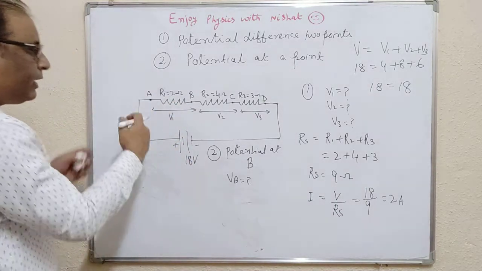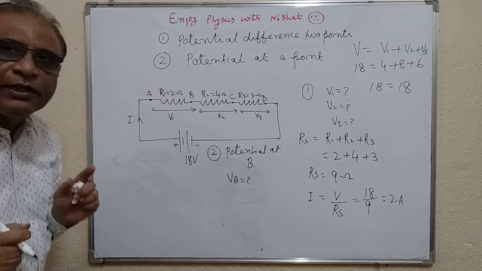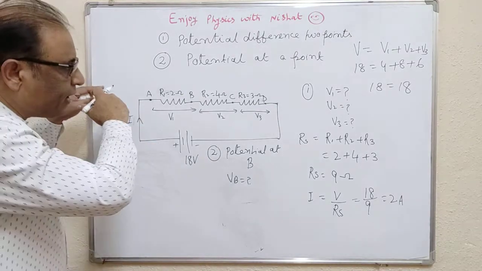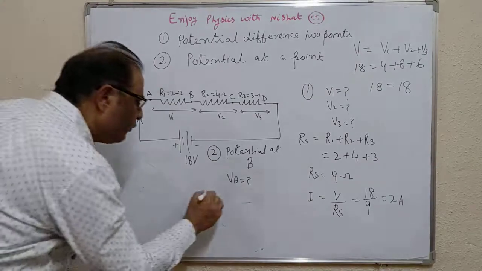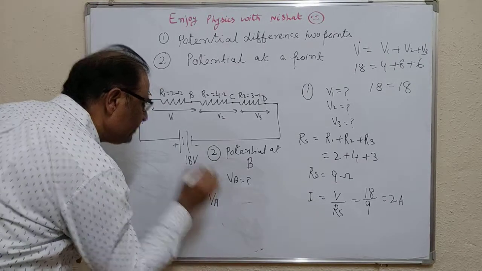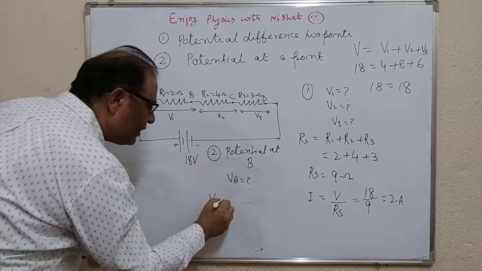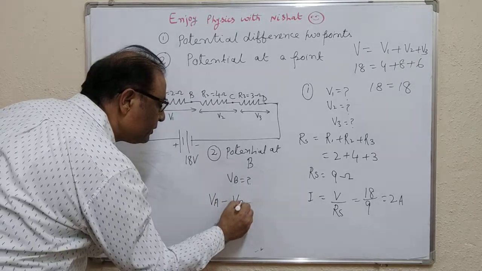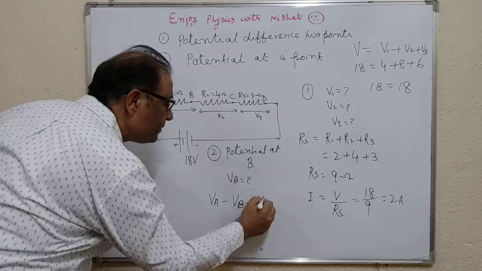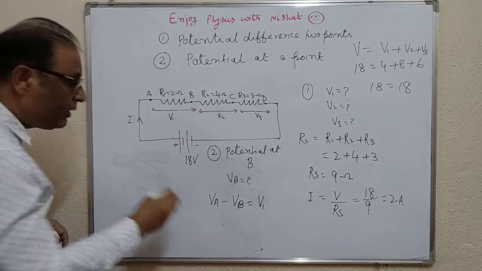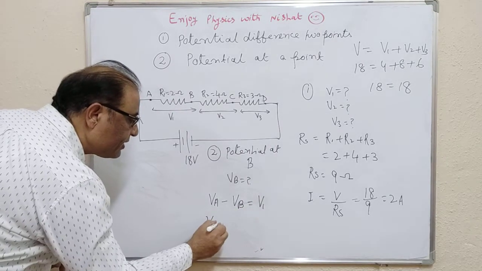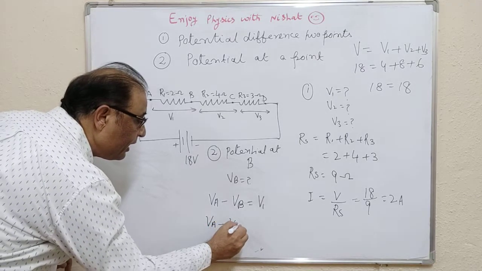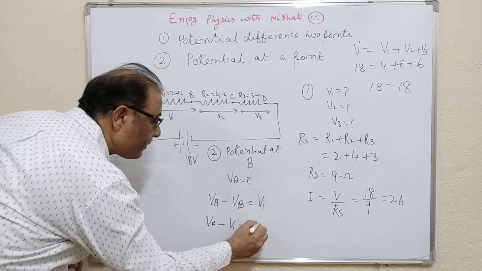Here, we know that A is at the higher potential, because potential decreases away from the positive of the cell. So A is the higher potential, so VA minus VB equals V1. Then VA, take this V1 this side, VA minus V1 equals VB.